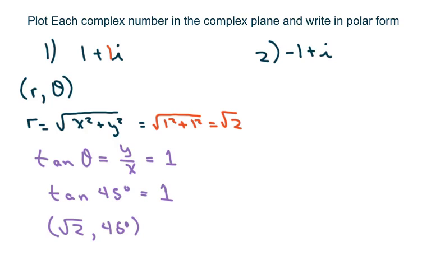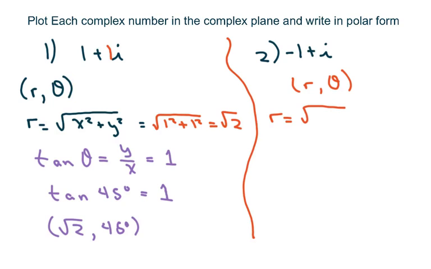Before I plot this, I'm going to do the other problem the same way. We need our r and our angle, and r is going to be the square root of -1 squared plus 1 squared, which equals the square root of 2.